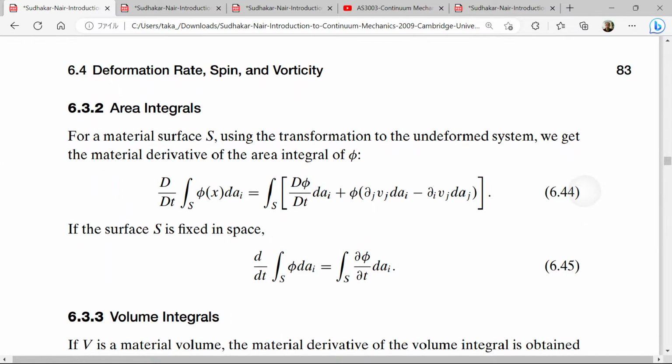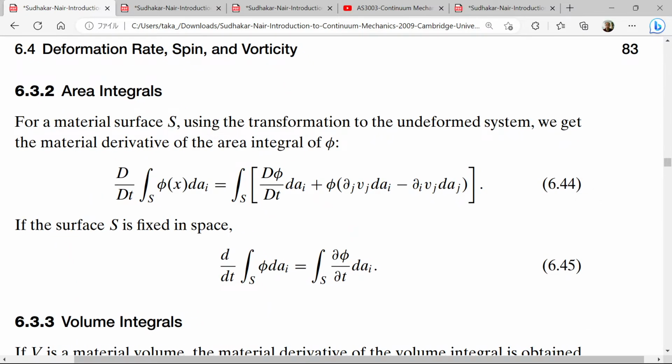Areal integral. Areal integral is also similar. For a material surface S, using the transformation to the undeformed system, we get the material derivative of the area integral of phi.